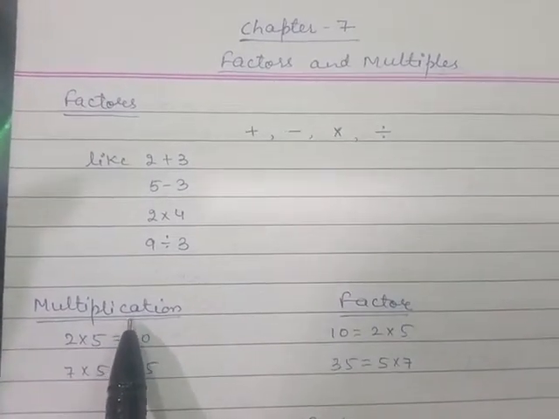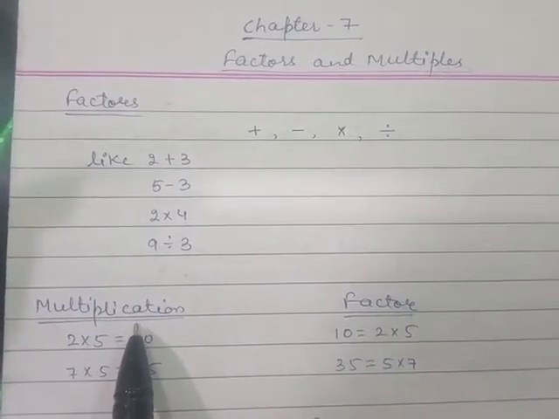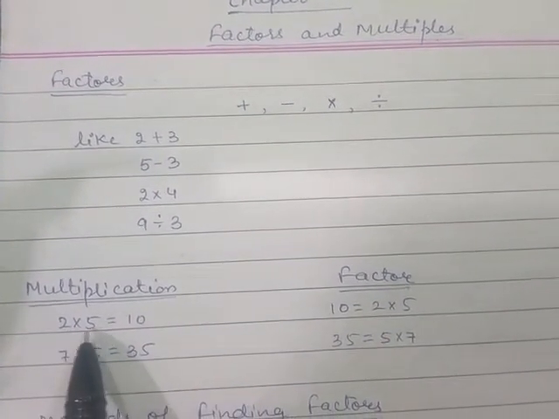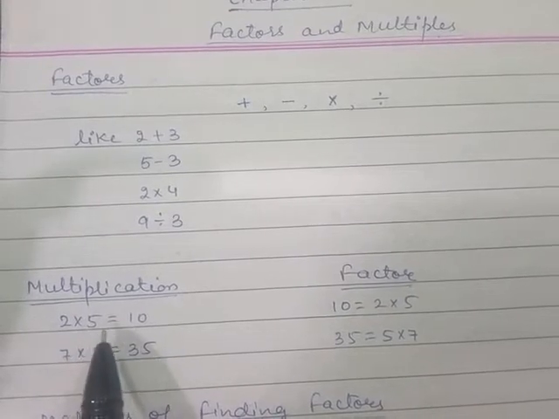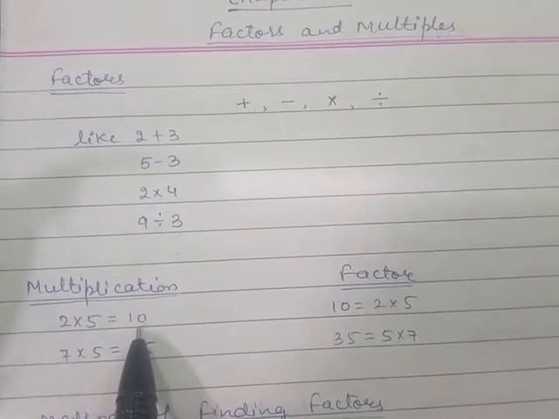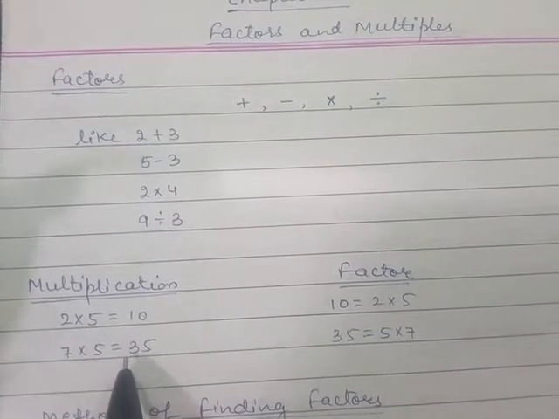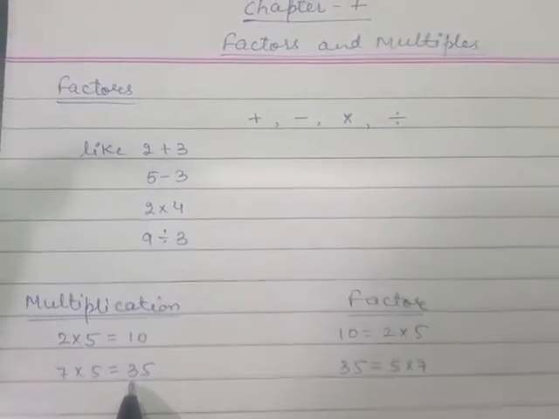In multiplication, because you have done the multiplication chapter also, suppose we have 2 and 5 and we have to multiply, then 2 into 5 is equal to 10. In a similar way, 7 into 5 is equal to 35.